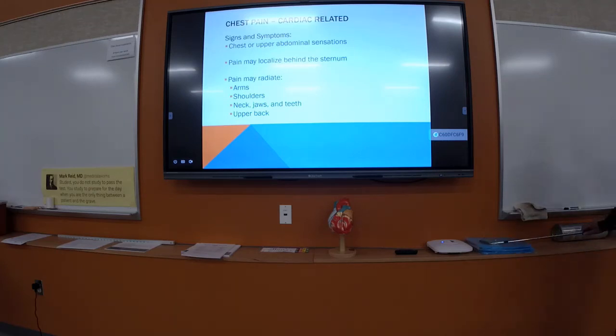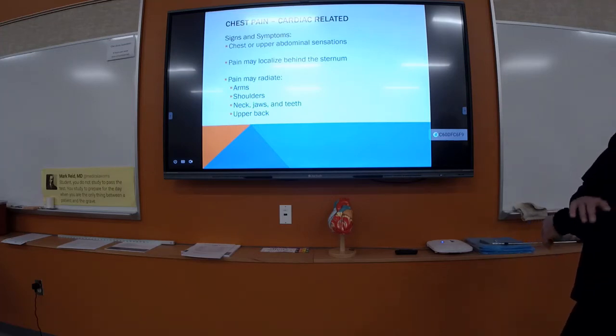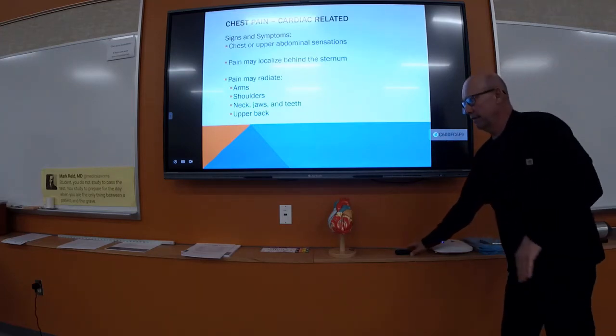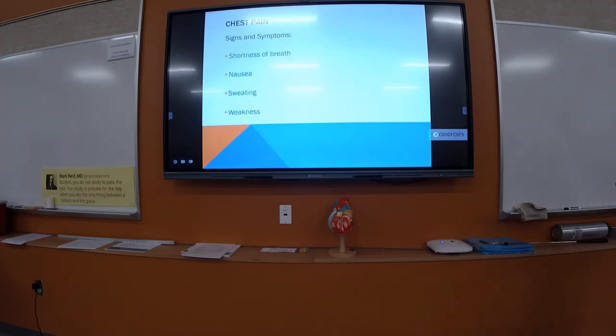Feels like someone's sitting on you or squeezing you. It may radiate down the arms or legs, to the back, neck, jaw, both arms, left arm. Typical, it's sort of a classic. So you have this substernal pressure type pain, radiating into my arm and back and neck, and then you get short of breath.